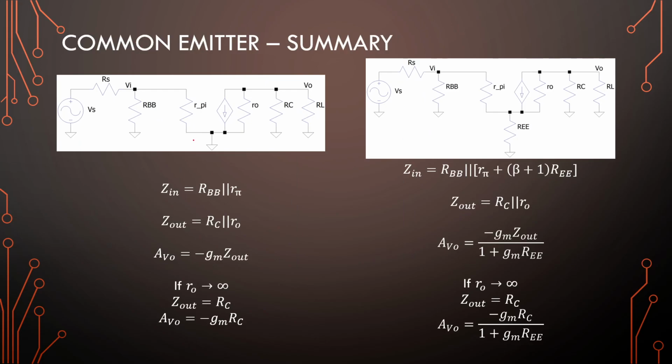Right, so the common emitter summary that we have is input impedance is base resistance parallel to transistor input impedance, and the gain is GMRC in the end. Typically with the designs we neglect R out of a transistor, so our assumption is that the Early voltage is infinite.